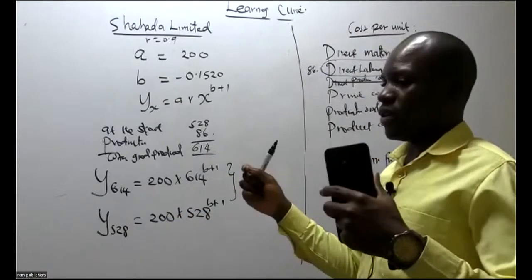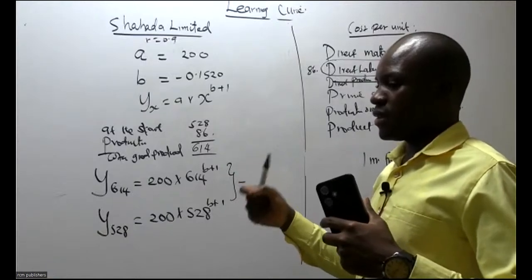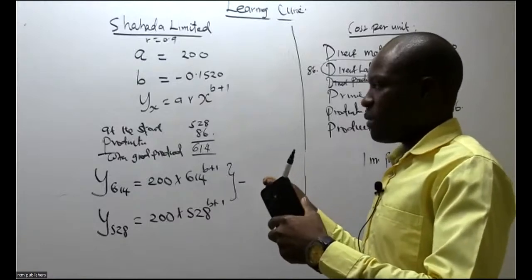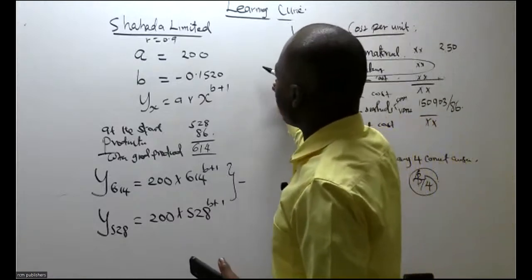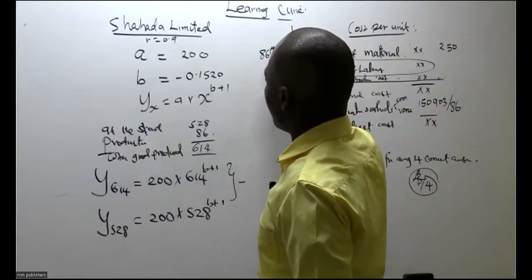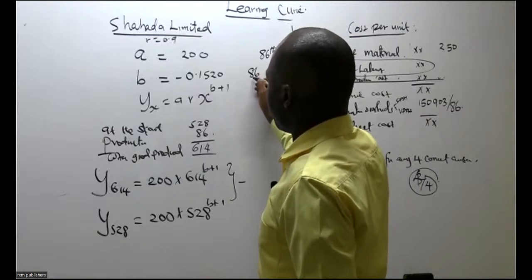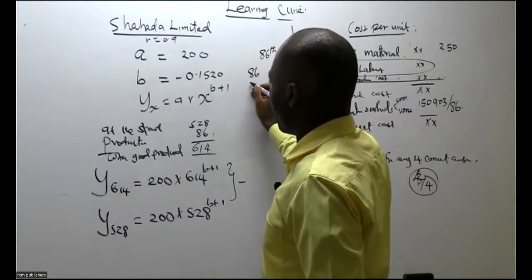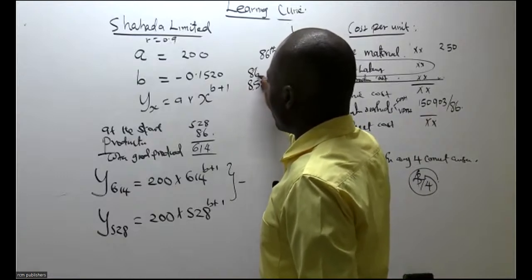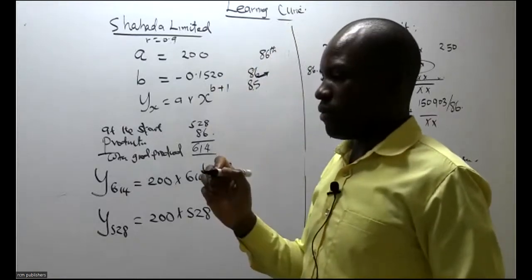Remember, there's a difference between the 86 units and the 86th unit. If you want the 86th unit, you get the first 86, then you get the first 85. The difference between the two will give you the cost incurred to produce the 86th unit.